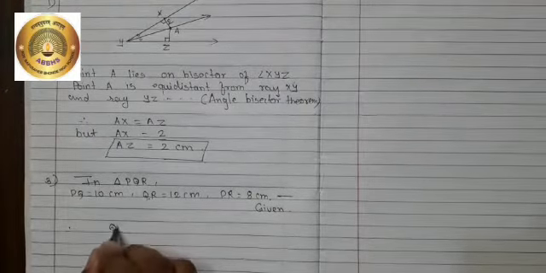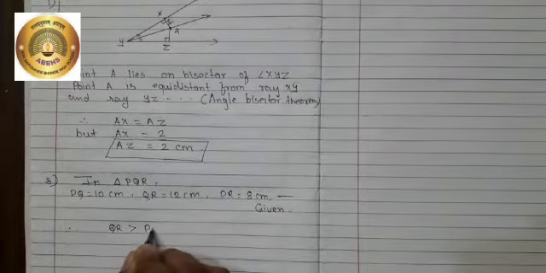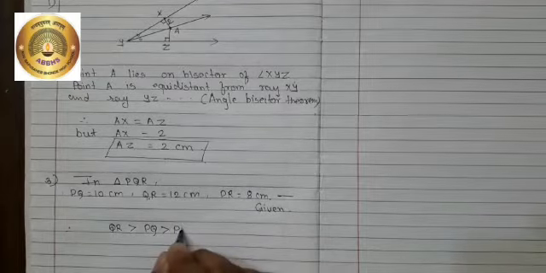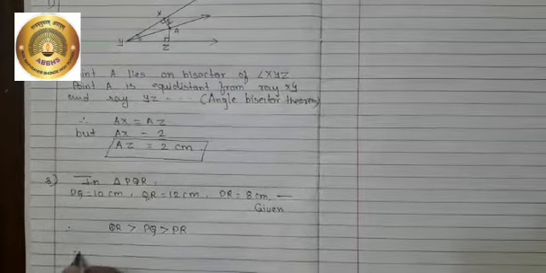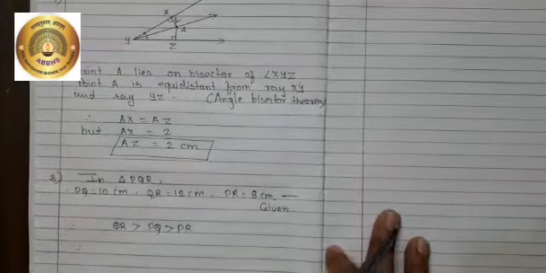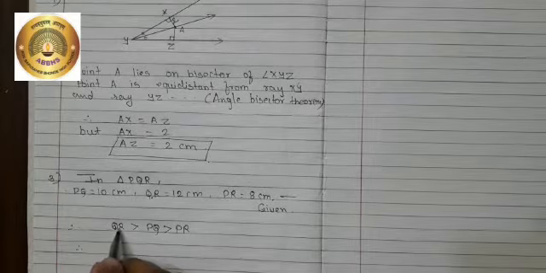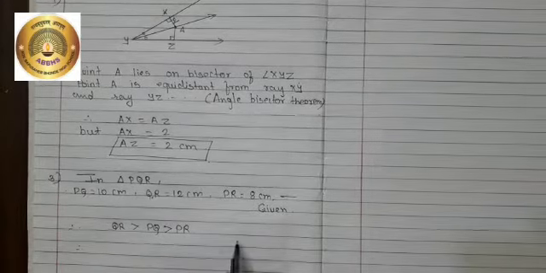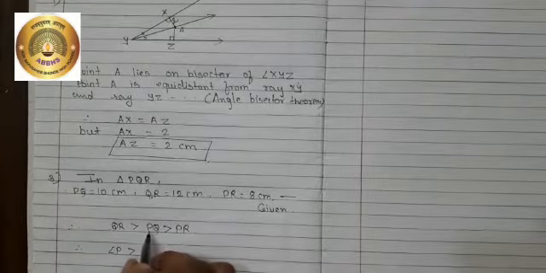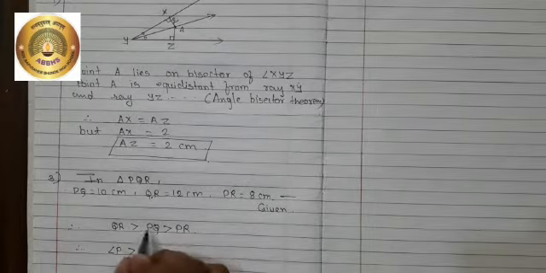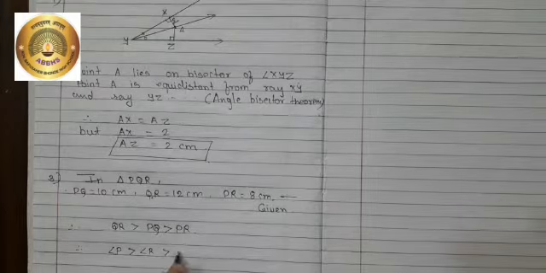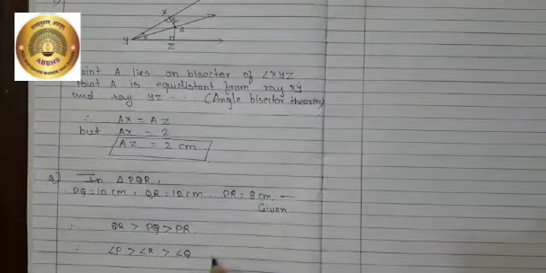So I'll write QR is greater than PQ, because PQ is 10, lesser than this, and lesser than this is PR. And just now I have shown you the theorem. According to that theorem or the property, opposite to QR, what will be the angle? The angle will be P. PQ side is there, so opposite angle is R. So angle P is greater than angle R is greater than angle Q.